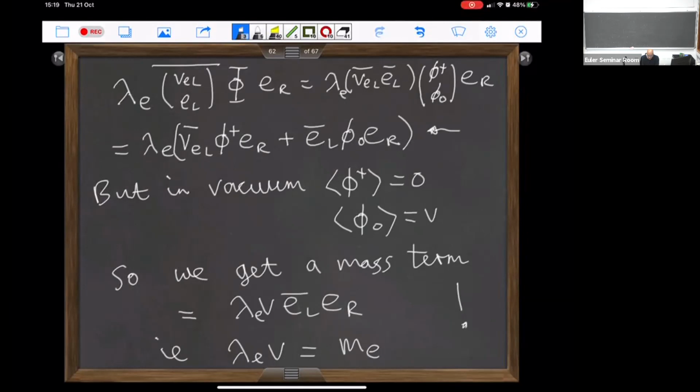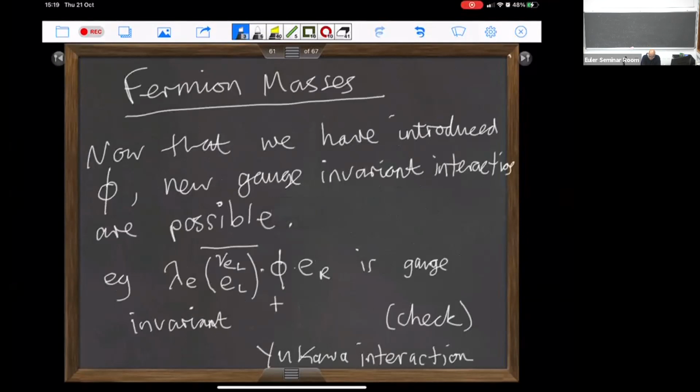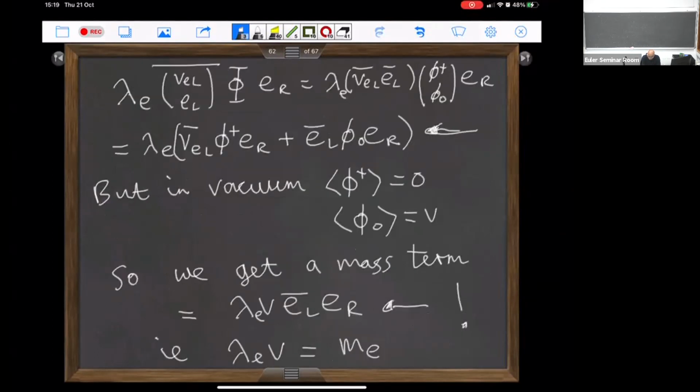And so you see, in the vacuum, where phi plus is 0 and phi 0 is v, the second term on this line leads to a term which is lambda_e times v times e left bar e right, which is a mass term. Strictly speaking, in the full model, you write this plus its Hermitian conjugate to get the full mass term.